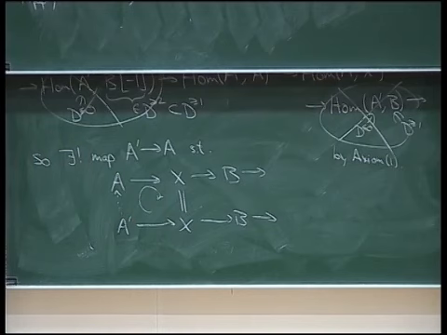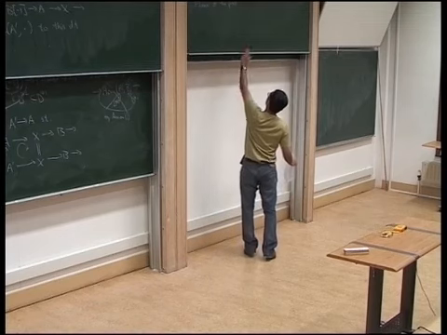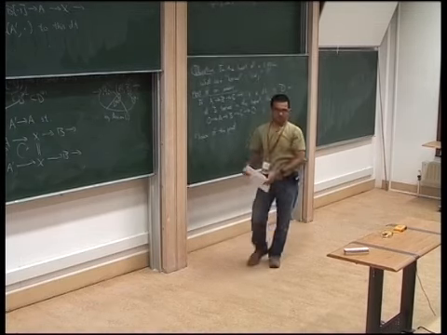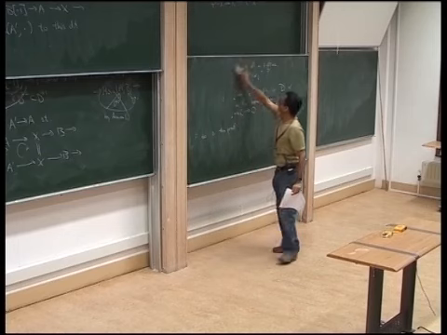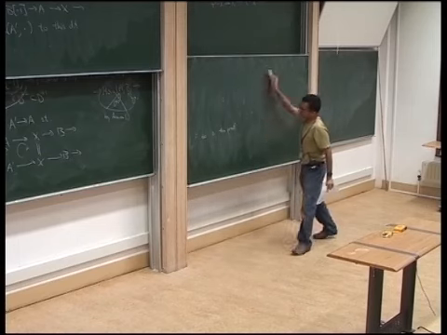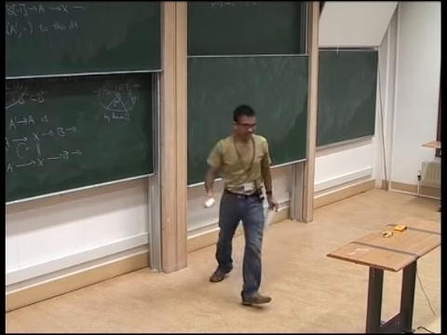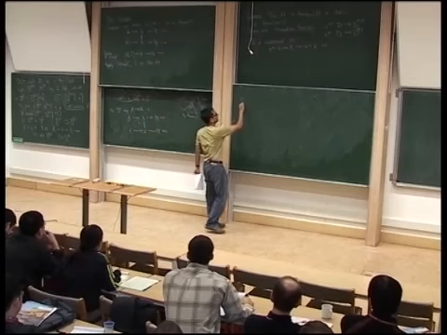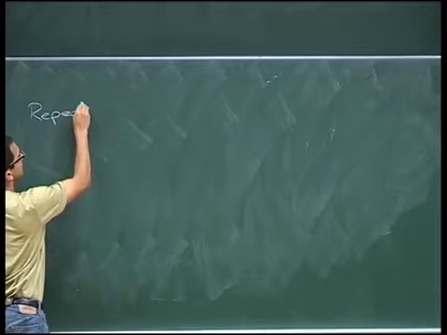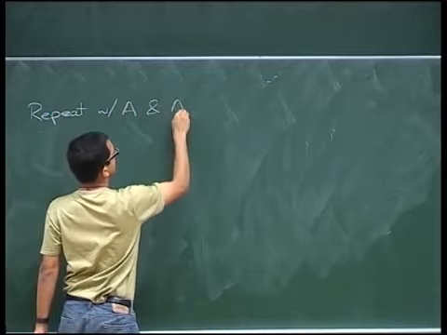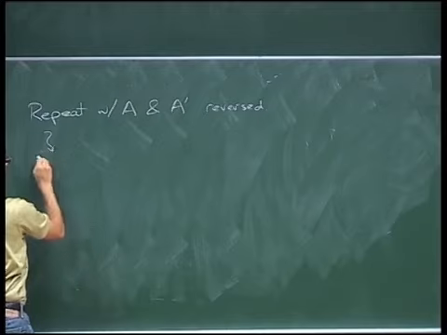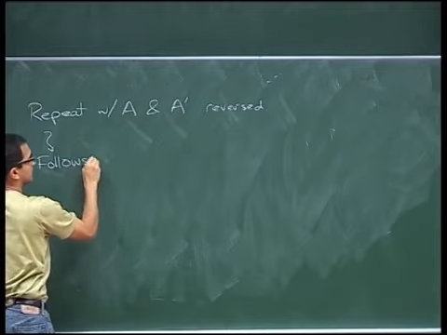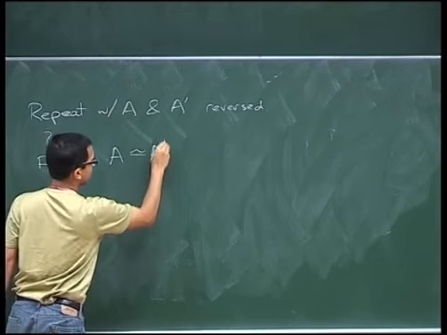And then you could just repeat the same argument with A and A prime reversed. That's the usual kind of argument that you can use to show that A and A prime are isomorphic.